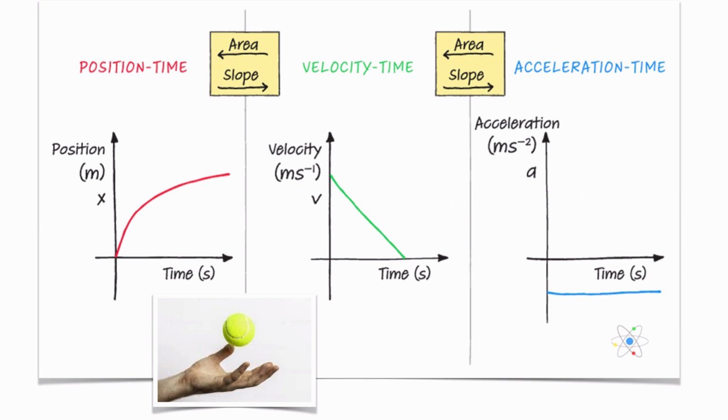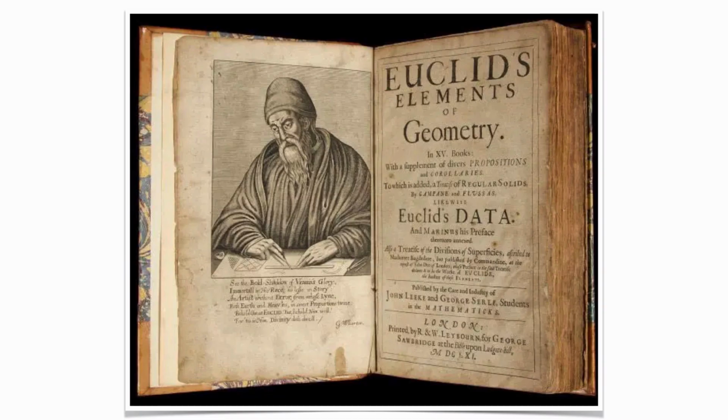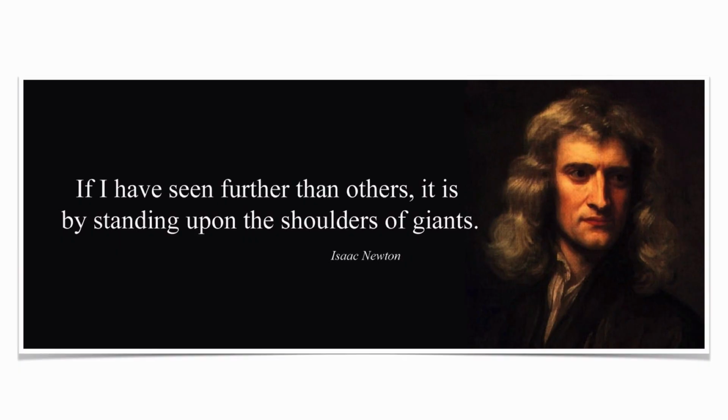Did Euclid know any of this? Of course not. He was writing about 25 centuries ago. Euclid was a giant, but the study of mathematics didn't end with him. Isaac Newton was a towering English scientist, but he did not take all the credit for the developments himself. He wrote, "If I have seen further, it is by standing upon the shoulders of giants."